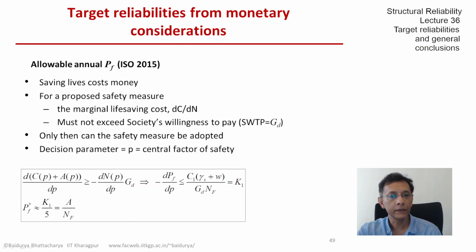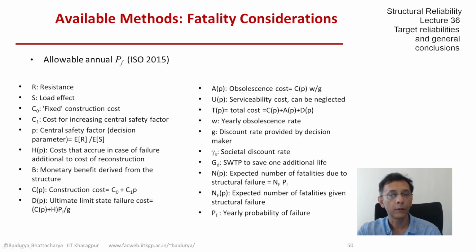Now let's define all these parameters in the next slide, and then we will refer to a couple of examples of how this process yields acceptable failure probabilities and whether they are really acceptable or not. So here are some of the terms that enter that derivation.